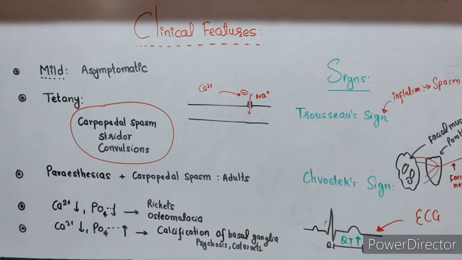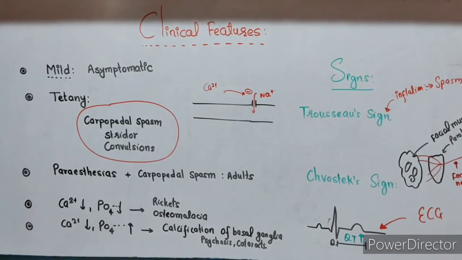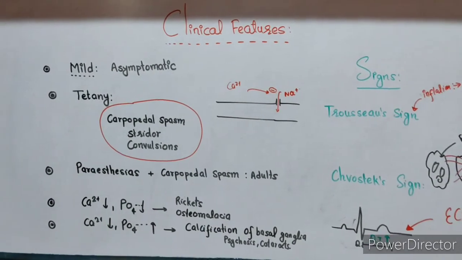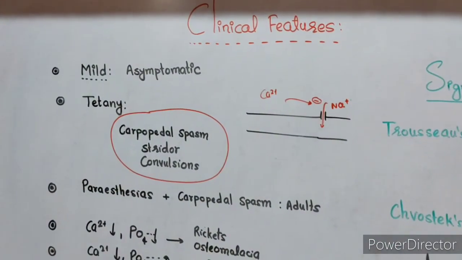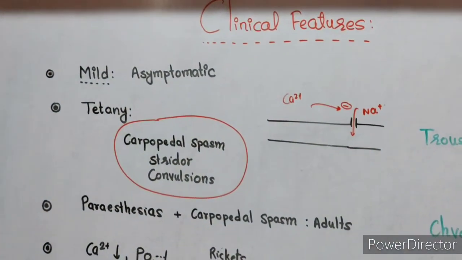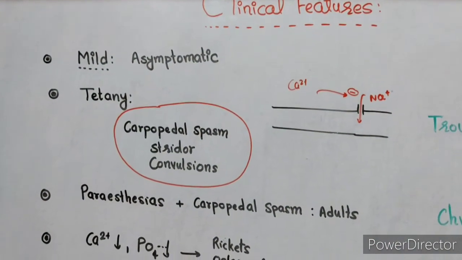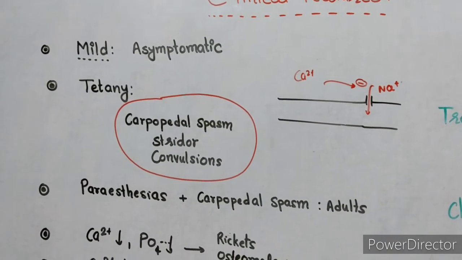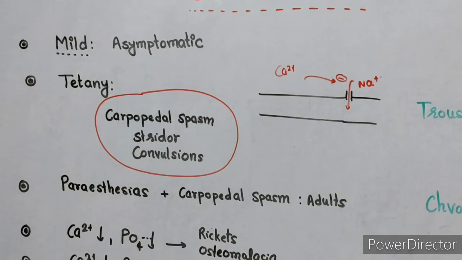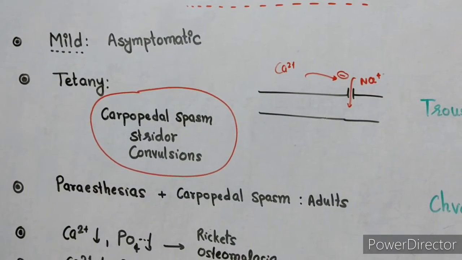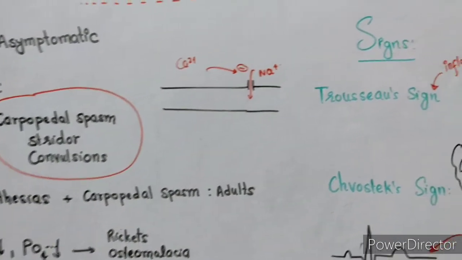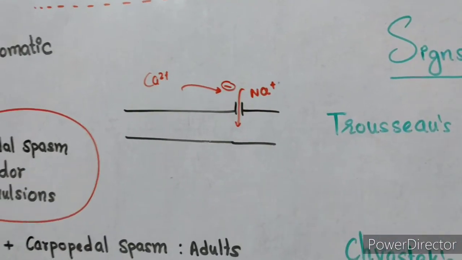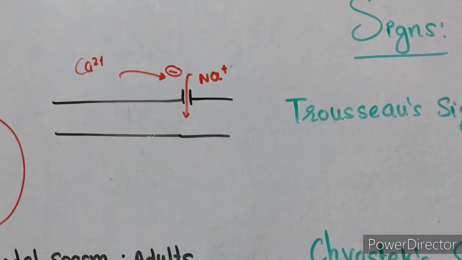How do the patients of hypocalcemia present clinically? If there is mild hypocalcemia, then mostly they are asymptomatic. In children, tetany occurs. Tetany occurs because of increased neuromuscular irritability. So why is there increased neuromuscular irritability in hypocalcemia? Calcium of extracellular fluid stabilizes sodium influx.